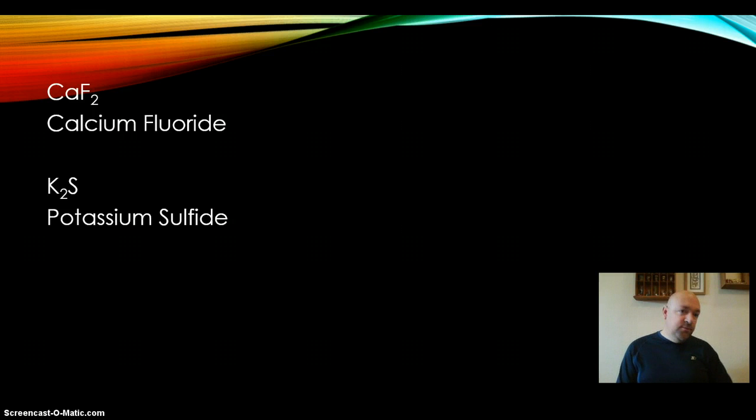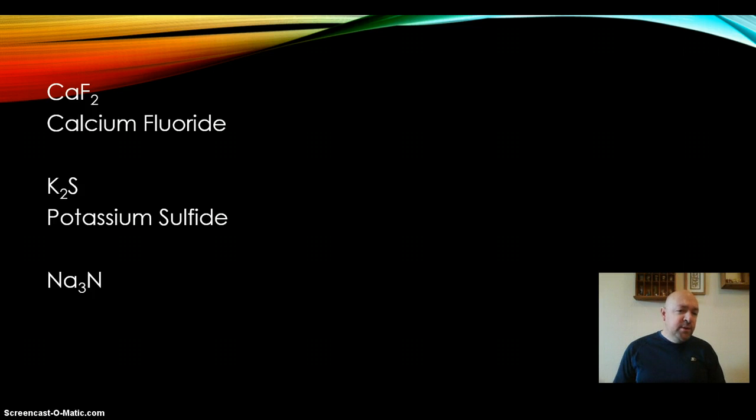Let's try this next one, see if you guys can get this next one here, and then we'll check and see if you're correct. I have a metal and a non-metal. Try it on your own real quickly. I'll give you a second or two to do this. All right, it shouldn't take you too much longer than that. As you're looking at your periodic table, and I'll talk again here for a second if you need to finish up naming these.